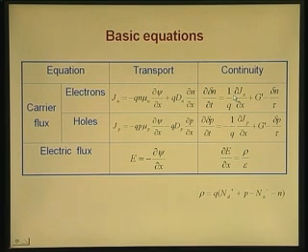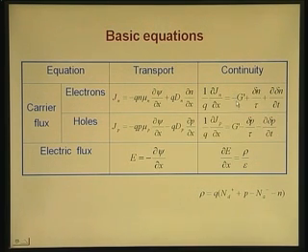So when we do that, this is how the continuity equations look, and now we can see Jn is the flux, and this transport equation shows the cause of the flux. The continuity equation shows the cause of the gradient of this particular flux. So continuity equation is giving you why there is a gradient in the flux.